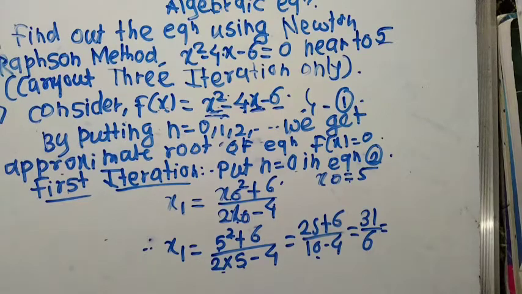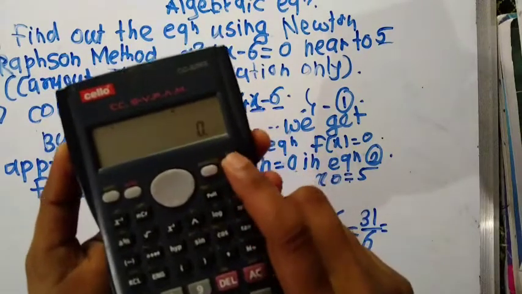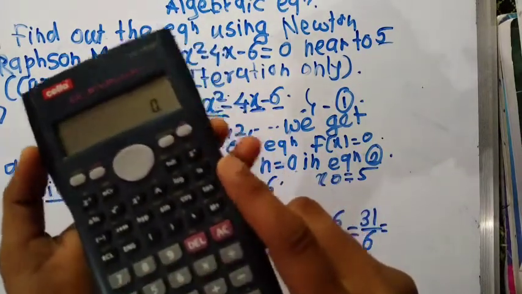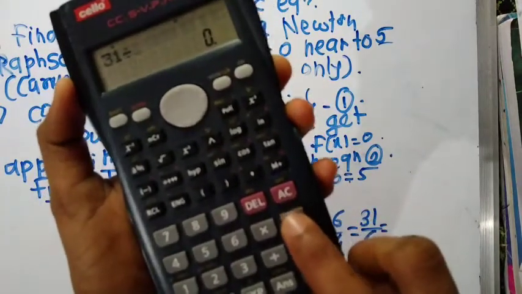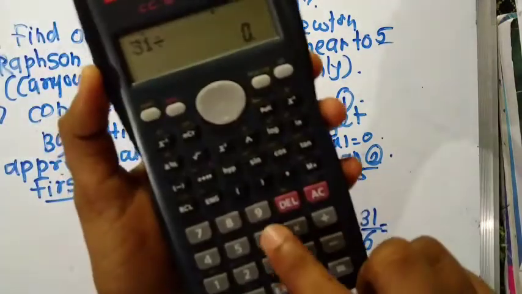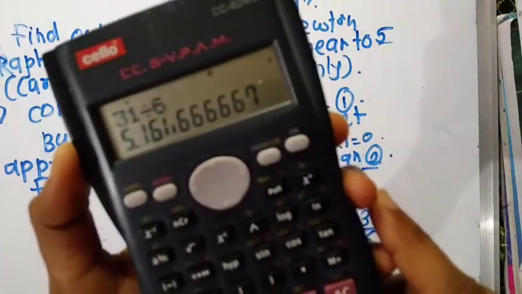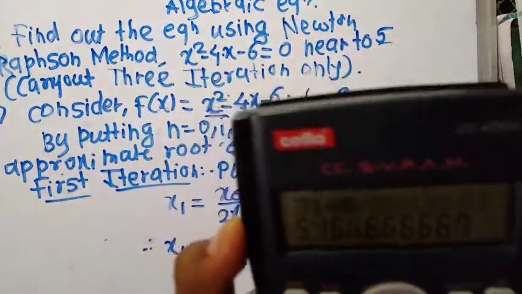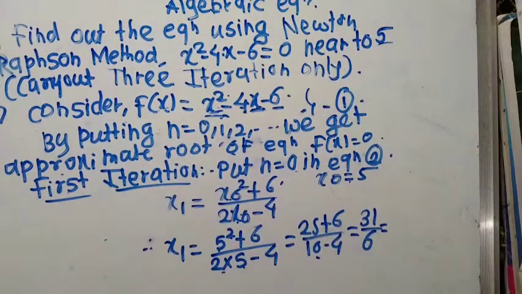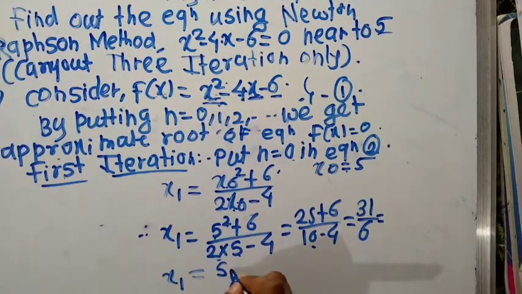So 31 divided by 6, which is equal to 5.1666. So x1 is equal to 5.1666. That is the first iteration.